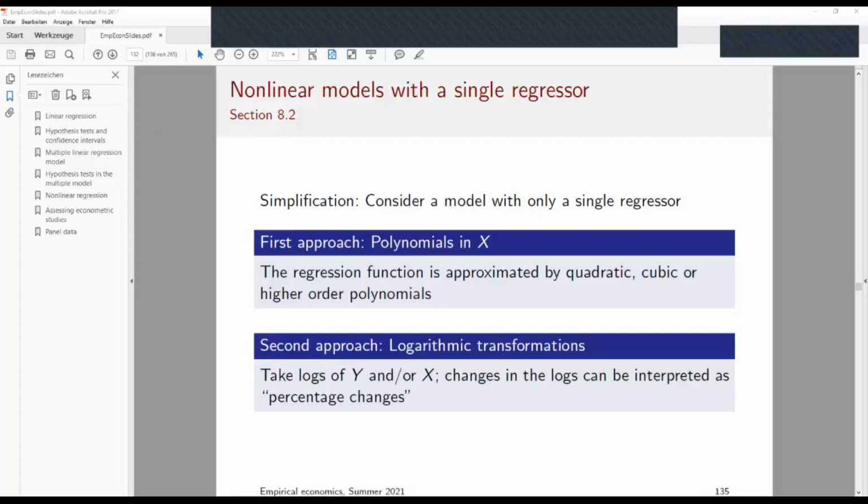So we said that we consider for now just a simplification, just to make it easier to see all the formulas and to review everything, to do that with a single regressor of interest. I'll do the first approach with polynomial regression, and then depending on how much time we have left, we are going to switch over to Mr. Trede again, and he will do the approach on logarithmic transformations.